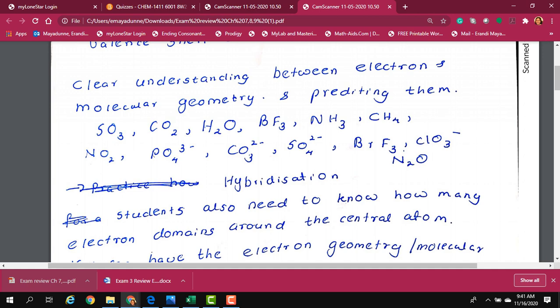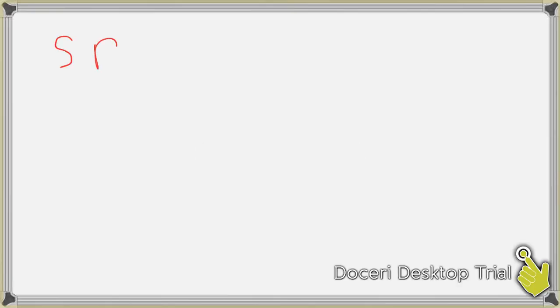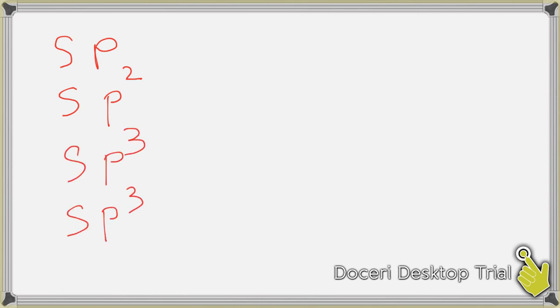So those are the 5 hybridizations you have. By looking at the molecule, how do you predict the hybridization? So: sp, sp2, sp3, sp3d, sp3d2. These are the hybridizations.